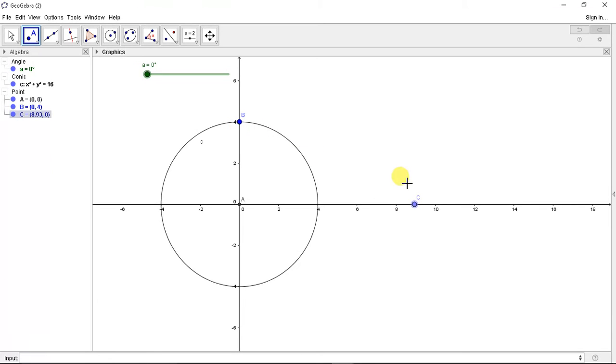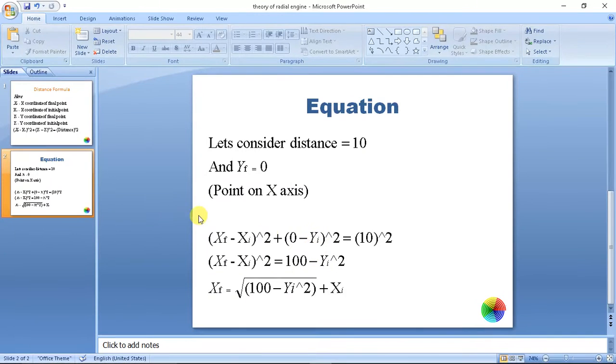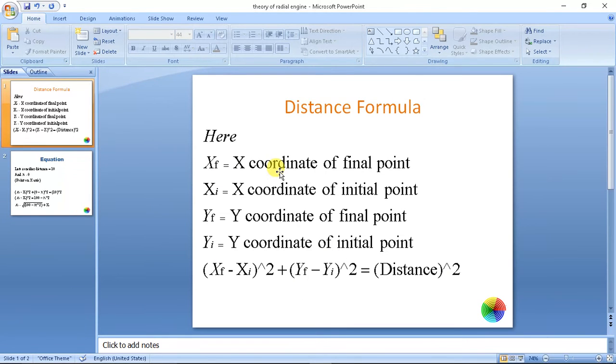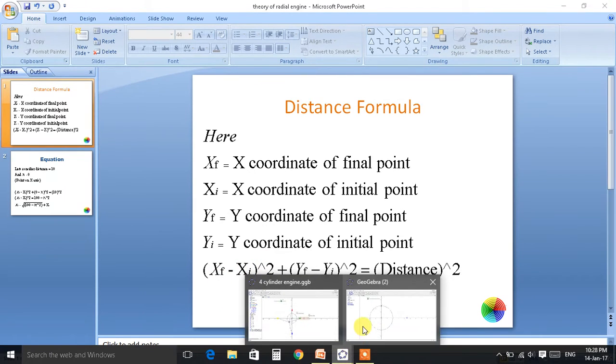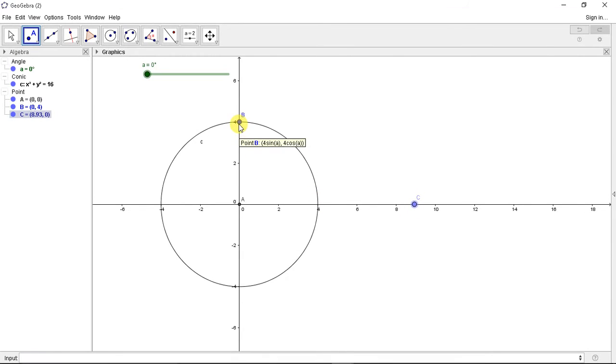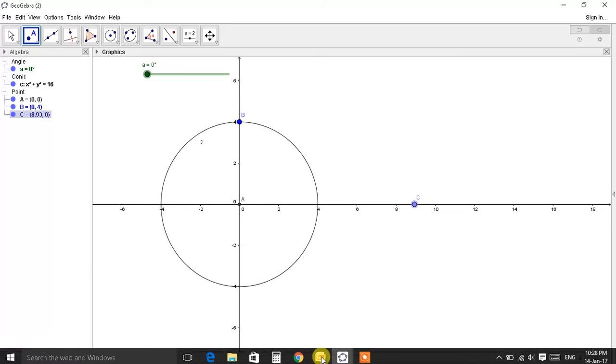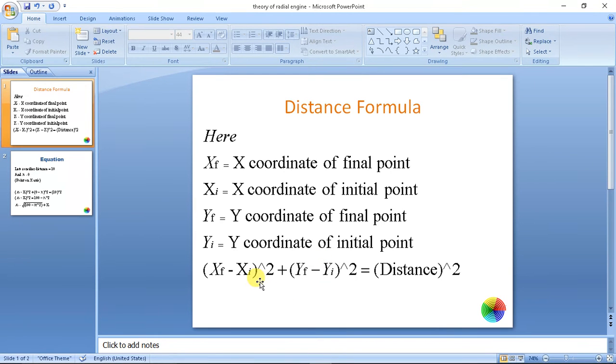Now for the connecting rod, let's go to some theory. Let's study the distance formula. Here the distance formula is given by x of final minus x coordinate of initial point, square, plus y of final point minus y of initial point, square, is equal to distance square.